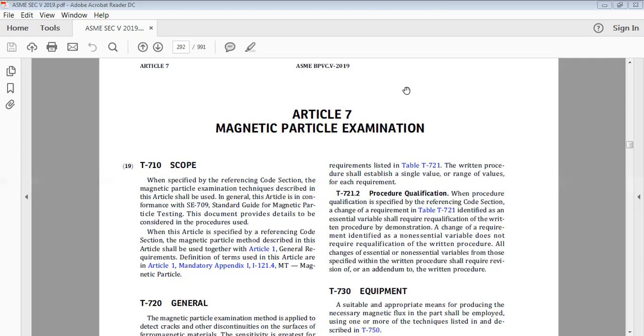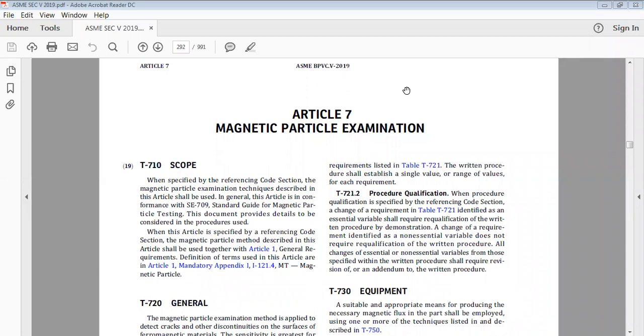If your job has different permeability throughout, meaning at one place the permeability value is different from another area, then you will get an indication, because the change in permeability within the specimen means the resistance to lines of force will be different, and some lines of force may come out, and we will get an indication. Also, because of job geometry we sometimes get non-relevant indications.